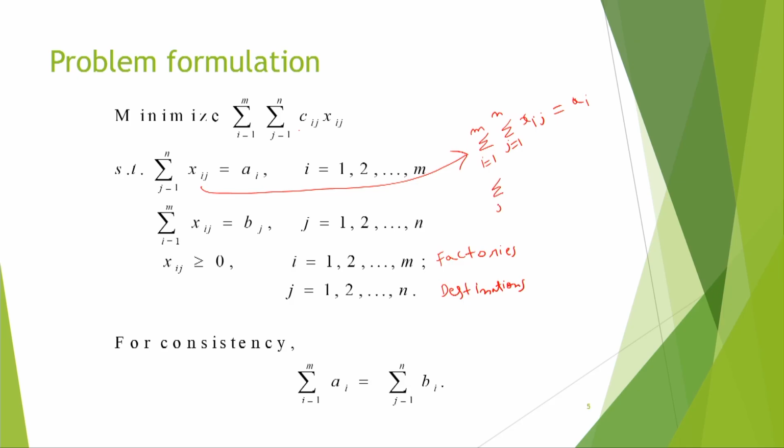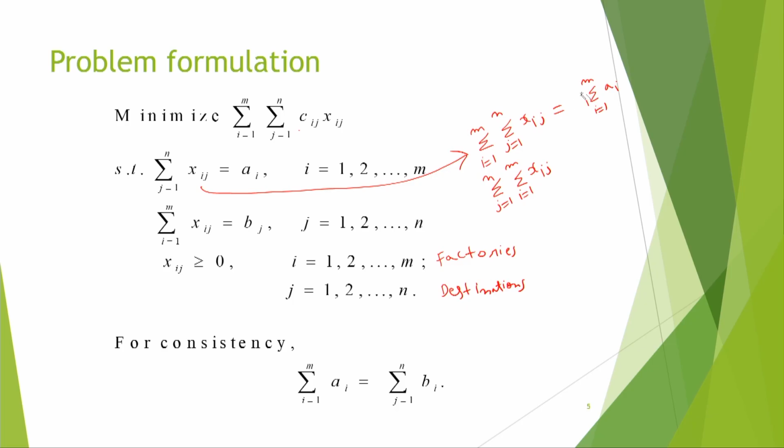So we can say j equal to 1 to n, and in each one i equal to 1 to m, and I can say bj. Instead of bj, I will simply say this is xij, is equal to, this is not sigma ij, rather it is sigma i equal to 1 to m ai.